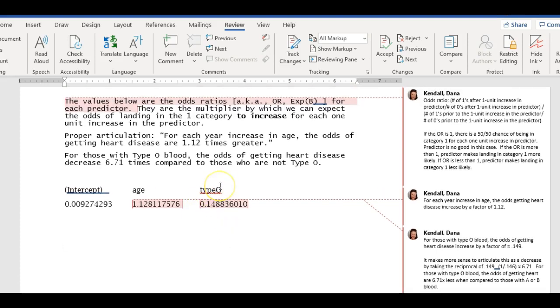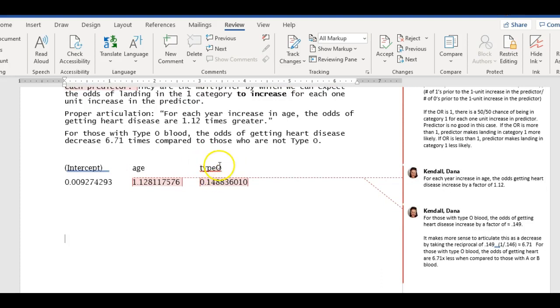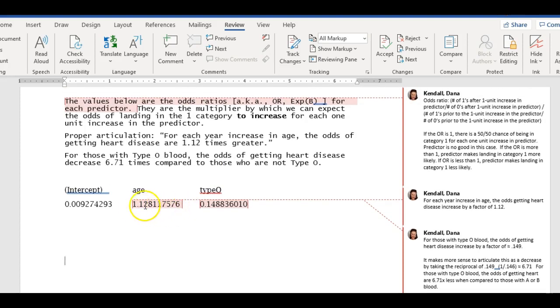In fact, those of you who would love to play with data, just recode the zeros and ones for that DV and then run it again and see if that OR comes out to be 6.7 for the type O blood. It should do that when we switch the zeros and ones for the DV, but then this age one will change as well. And this should be in the opposite direction again, and we'll get a number that is less than 1. Why is this the case?